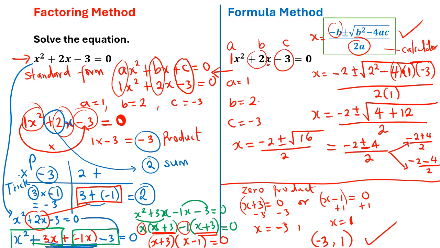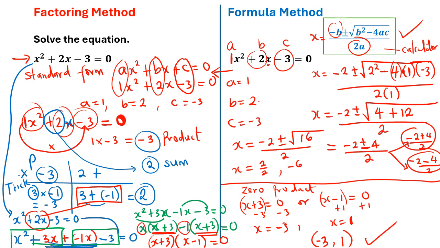All right, so if we work with the first one, we have negative 2 plus 4, that's going to be positive 2. That means x is equal to, we're going to get positive 2 first. Positive 2 divided by 2. That's the first part. And the second will be, we're going to get negative 2 minus 4, that's going to be negative 6.